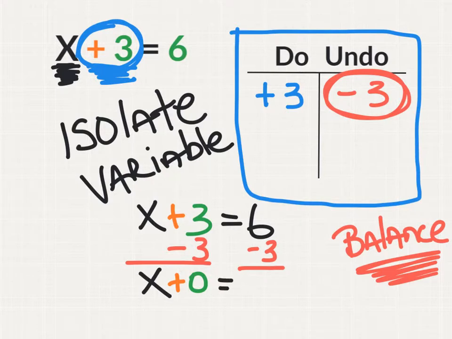And we know that 6 minus 3 is 3. x plus 0 equals 3. Now, adding 0 doesn't do anything to x. If you remember the identity property, adding 0 does not change the identity. So therefore, I can simply write x equals 3.